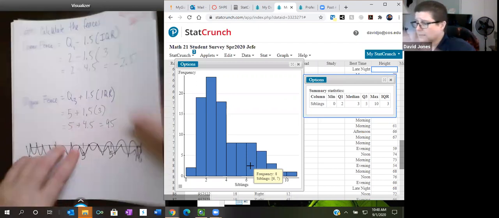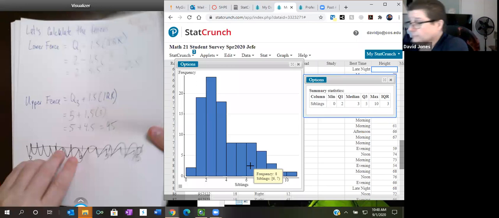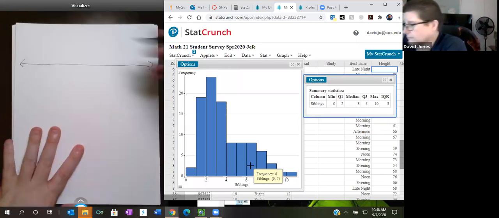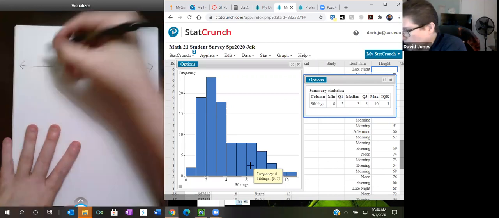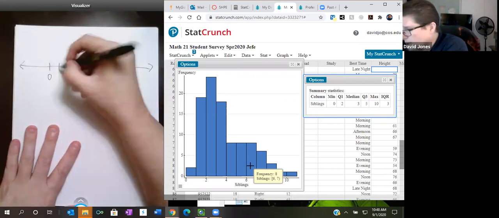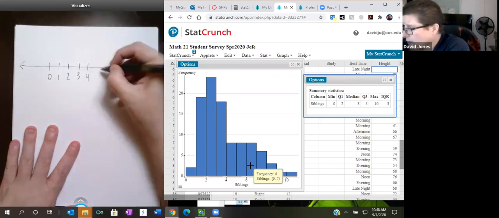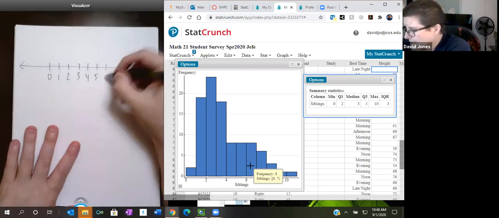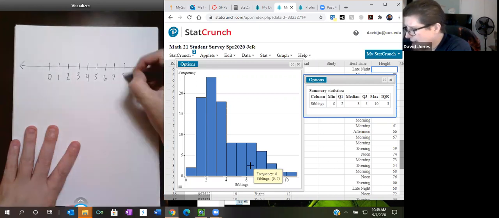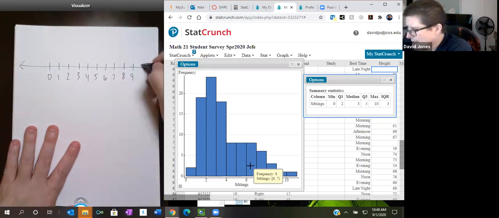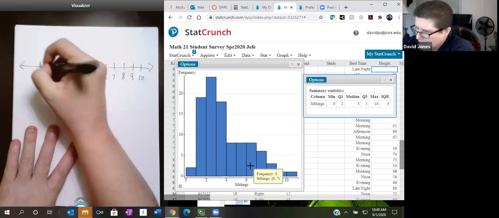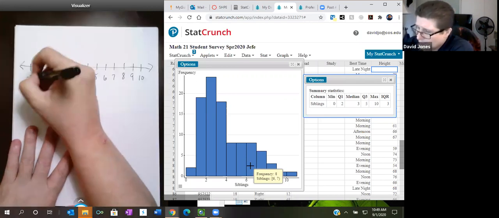Okay. So I'm going to draw a number line. 0, 1, 2, 3, 4, 5, 6, 7, 8, 9, 10. And I know I'm going to need some negative numbers, so I'm going to put them down.